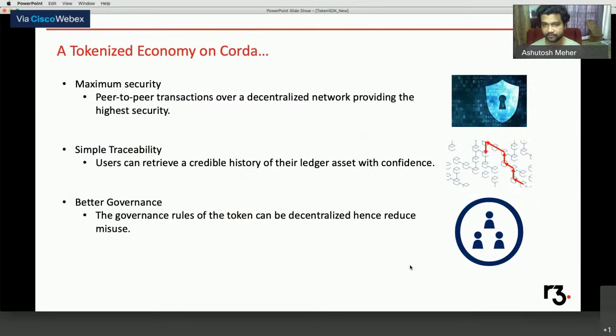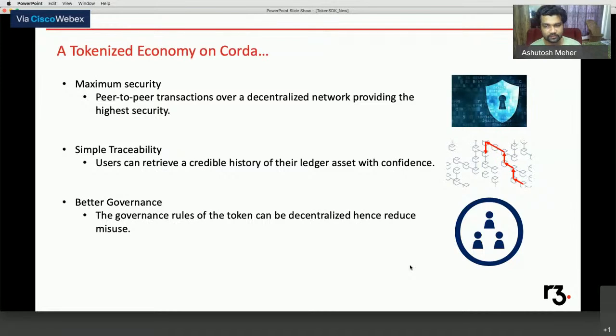So it gives high security, because if tokens are issued on an asset which is on a central database and someone just gets access to that database, it gets hacked, someone takes over the database, you might hold that token, but the underlying asset, which the token represents, might actually get compromised, right? Which is not really a great thing.